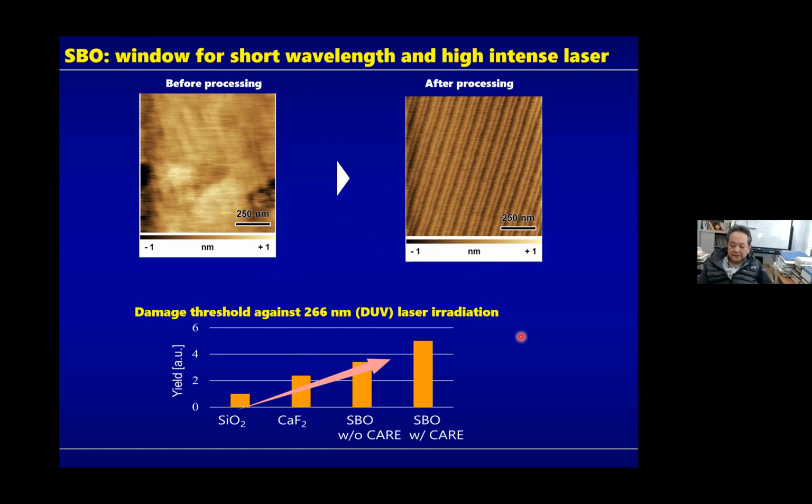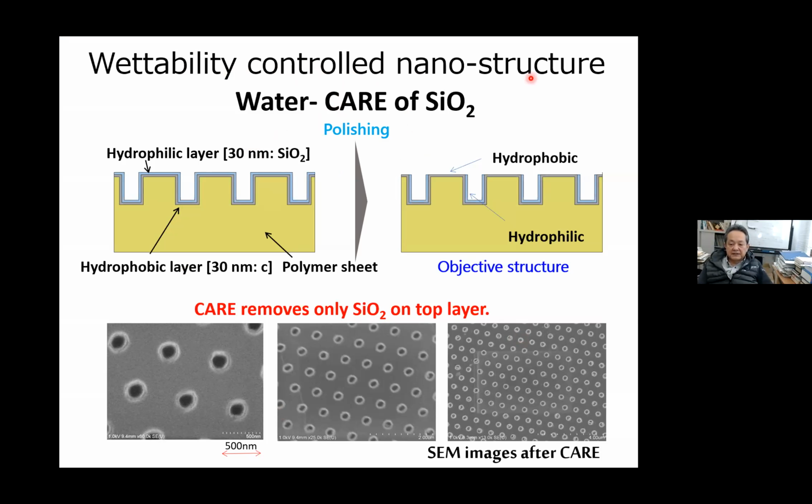Okay, and this is the final application. You can see here, this is a wettability controller in nanostructure. We would like to realize this kind of surface. The hole should be coated by silicon dioxide, and this area, to be hydrophobic, should be coated by carbon. To realize this kind of structure, we prepare the carbon layer, and then we prepare the silicon dioxide layer.